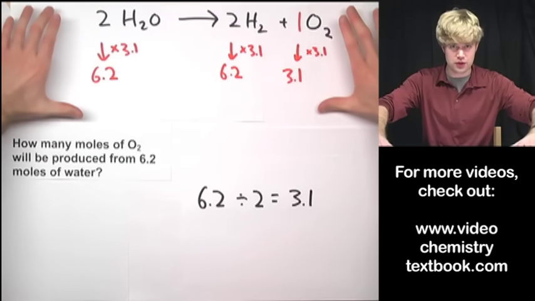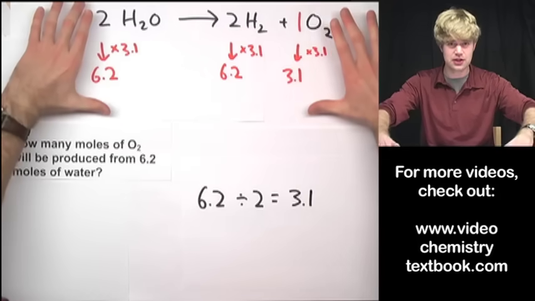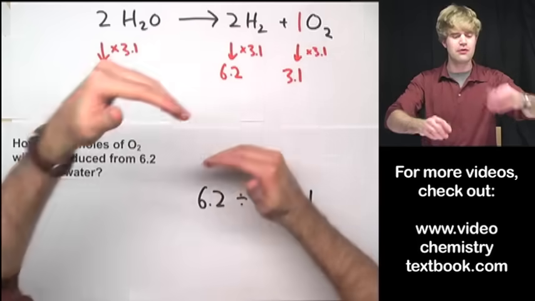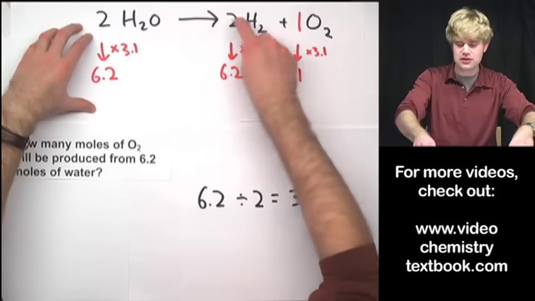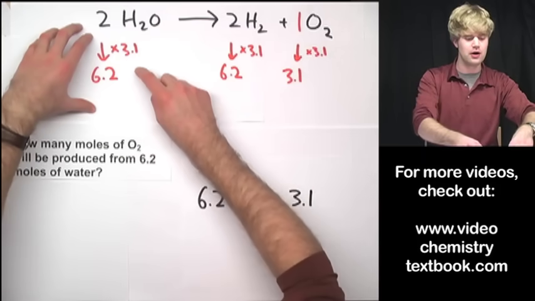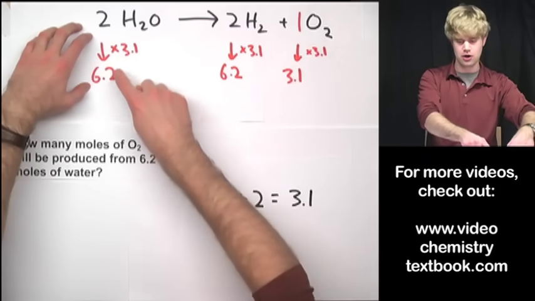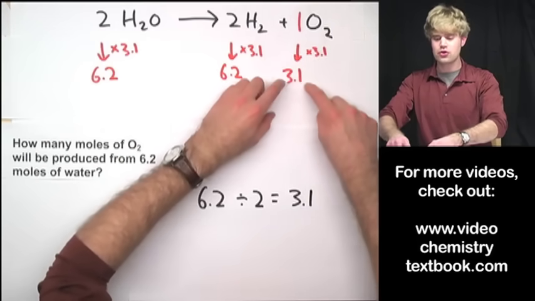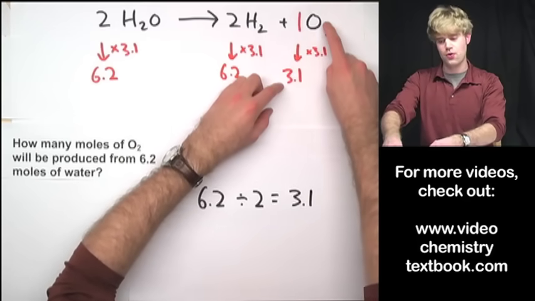So once again, we treat this like a recipe in the kitchen that we're doubling or tripling. Instead of multiplying by 2 or 3 or 4, we multiply everything in this recipe by 3.1, and we get 6.2 here, so that's what we're starting with. Then we get 6.2 moles of H2, and we get 3.1 moles of O2.